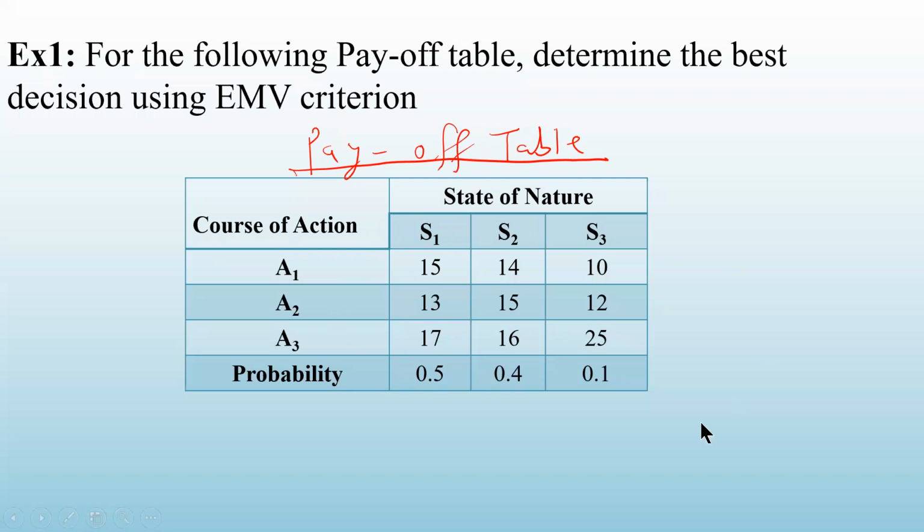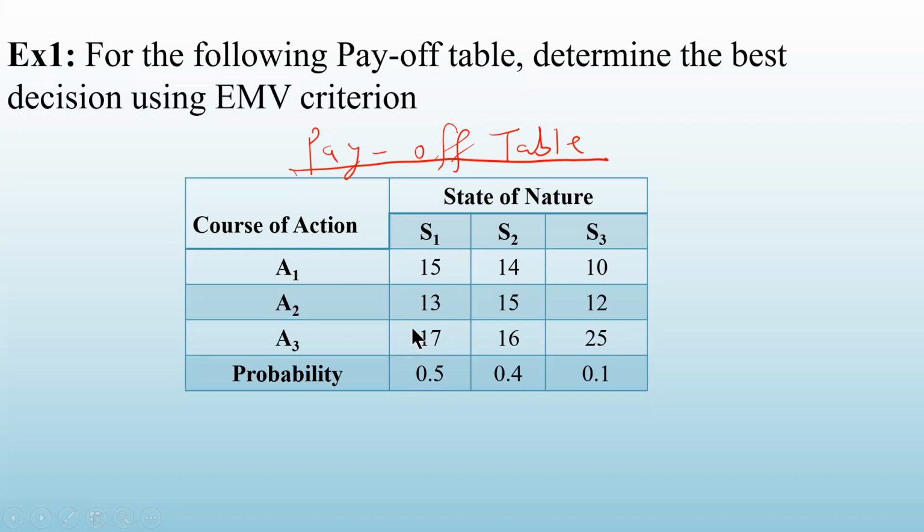Now in this table, you know that this figure 15 is what? It is the value of the profit or payoff. It is associated with A1 course of action and S1 state of nature. Similarly, this 13 is the profit or payoff if this course of action A2 is considered and S1 is the state of nature.